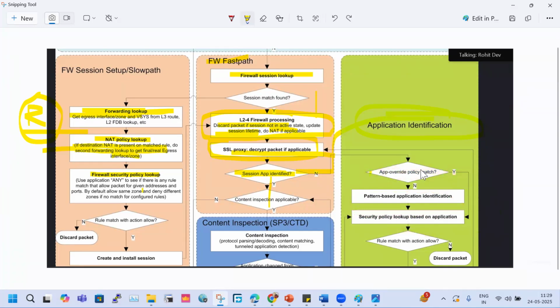If we don't have an override policy, then it will check the signature, and it will try to fetch the application detail. Got it? If the signature does not match, then how does it process the pattern base?